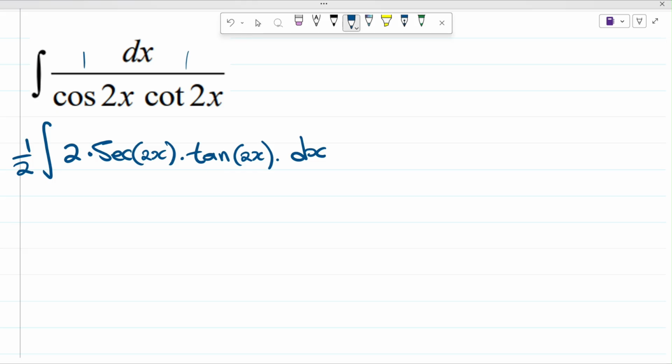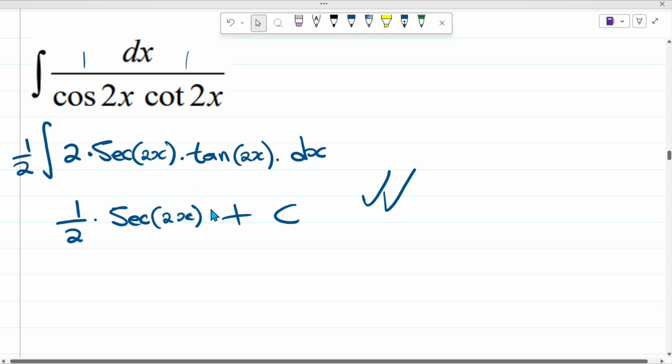So the 1 over 2 that's outside will go to the answer, and the thing we get when we ask ourselves what was differentiated for us to get sec tan is just sec of 2x plus c. Then ta-da, you have your answer there.